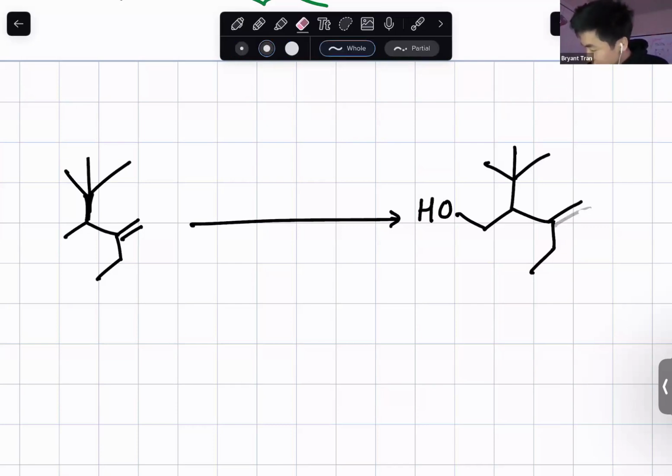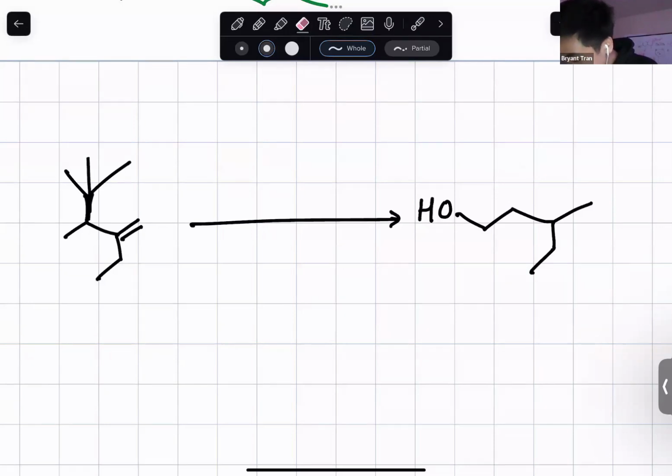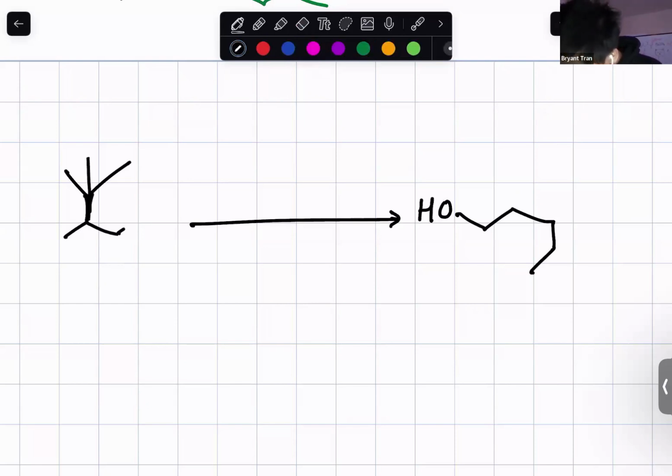No double bond here. No double bond in the product. Just that alcohol. Oh wait. Wait, no, don't do this. There's a problem here. There's a big problem here. Let's do this.